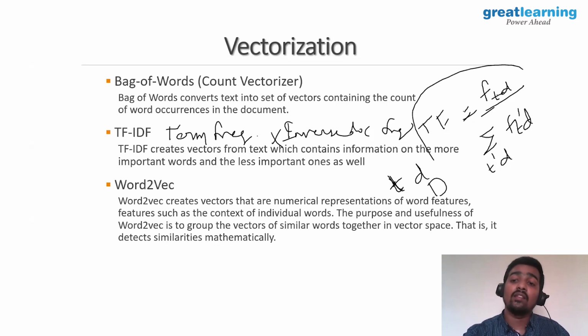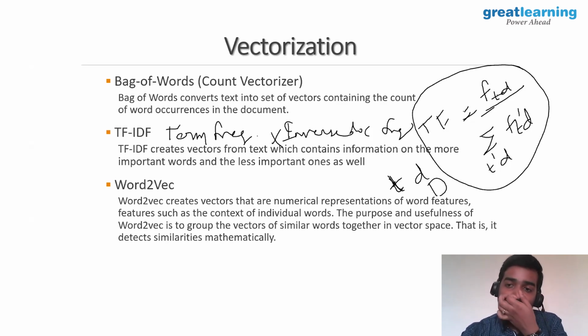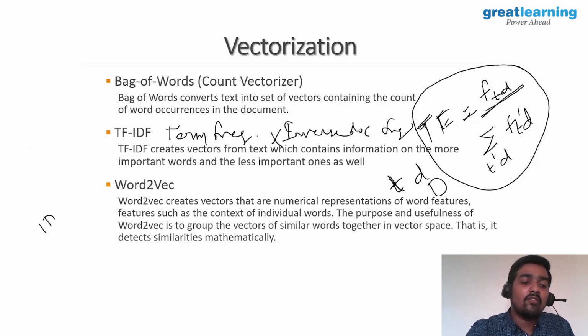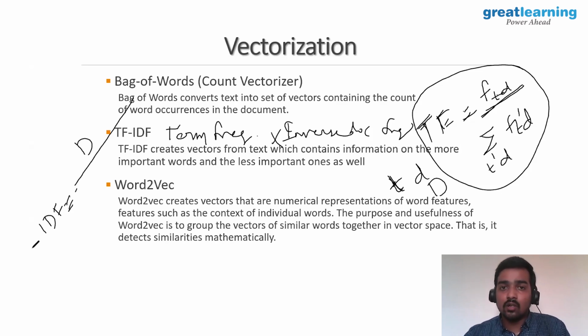We are doing this normalization. It's nothing but the frequency of the required term, for which we want to calculate the term frequency, divided by the sum of all the frequencies of the remaining words, okay? So this is your term frequency. And what will be your IDF? IDF is nothing but the total number of documents which you have, which is capital D. So you have some group of documents in your corpus.